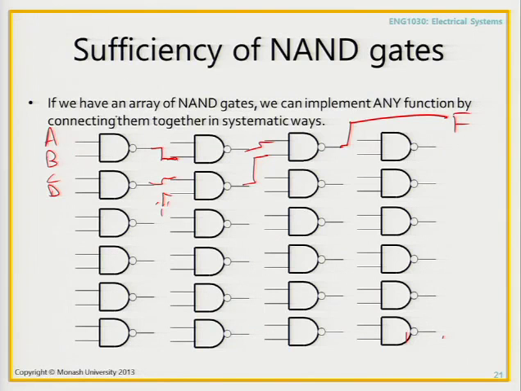Simply by connecting these arrays of NAND gates in any particular way, you can get any function that you desire from the inputs. So this makes it a lot easier than constructing individual AND gates, OR gates, and NOT gates, trying to put them onto a microchip in very specific places.